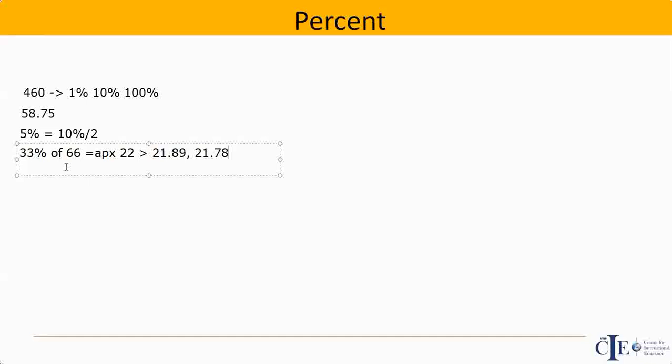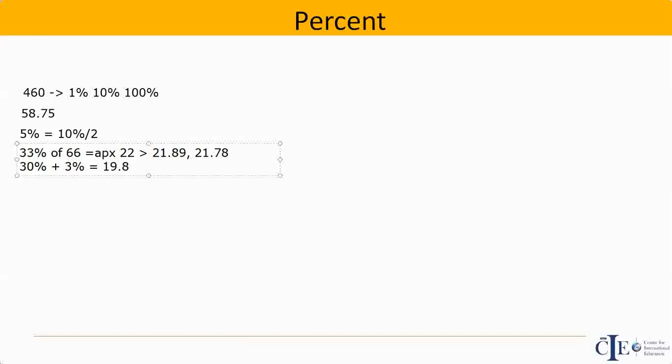So I can split this as 30% plus 3%. Now, what is going to be 30%? 10% is 6.6, so 6.6 into 3: 6 times 3 is 18, 0.6 times 3 is 1.8. So 18 plus 1.8 is 19.8. So this is the 30%.